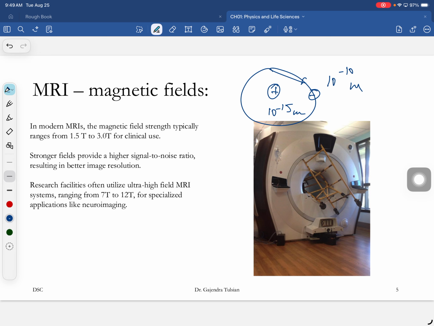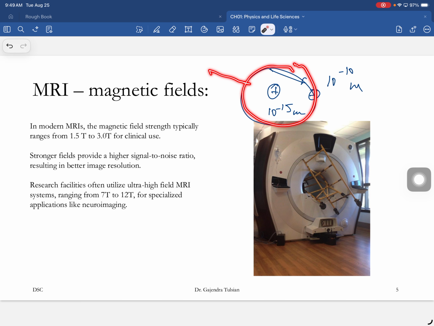Now let me give you an easier example to understand. If the atom were as big as a football stadium, the nucleus would be the size of a marble in the stadium. Now the MRI machine uses this fellow to get the image, the proton.